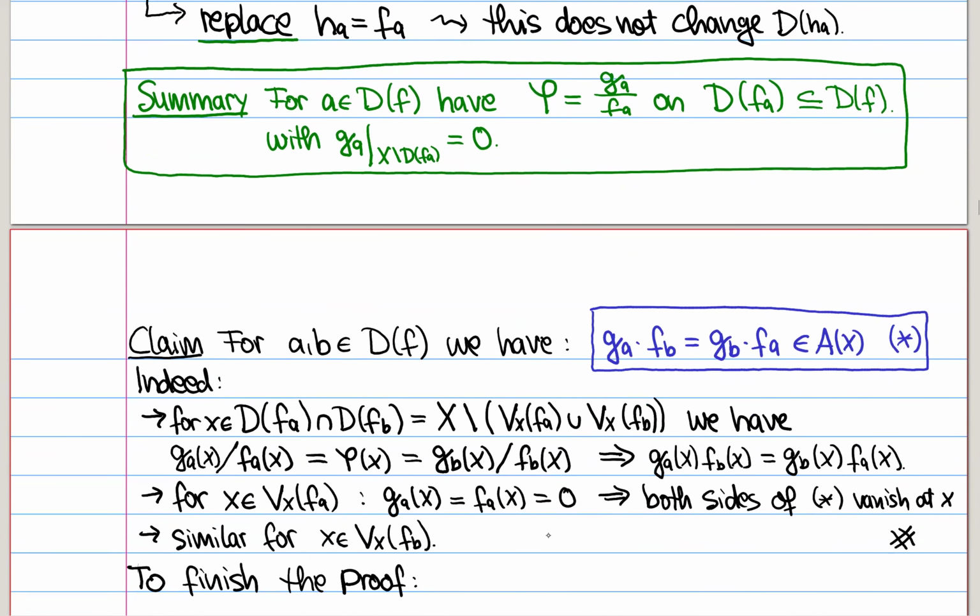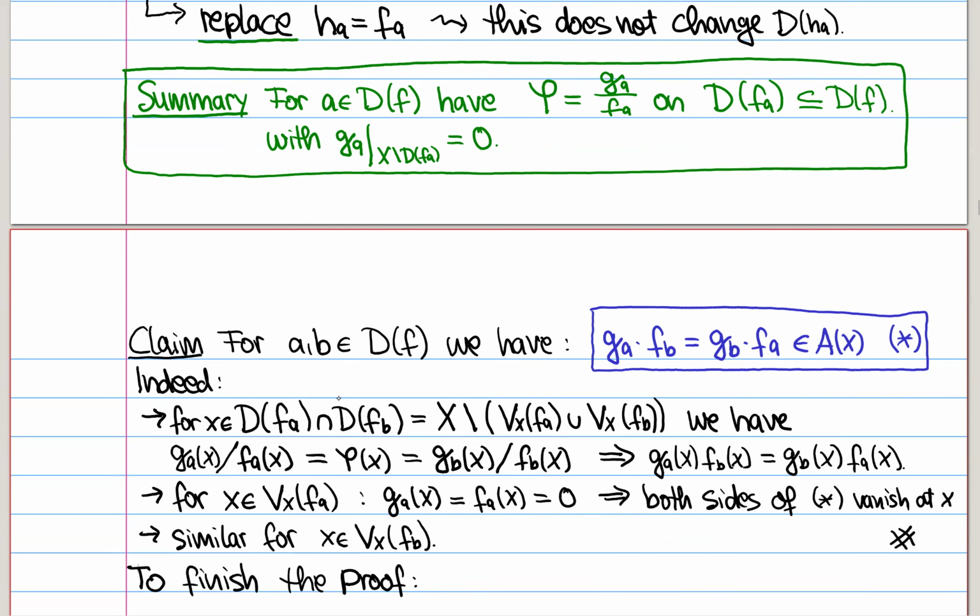And the big claim here is that for any two different points in DF, we have these functions FA, GA, FB, GB, and our claim is that they satisfy this equality here in A of X, that GA times FB is equal to GB times FA.